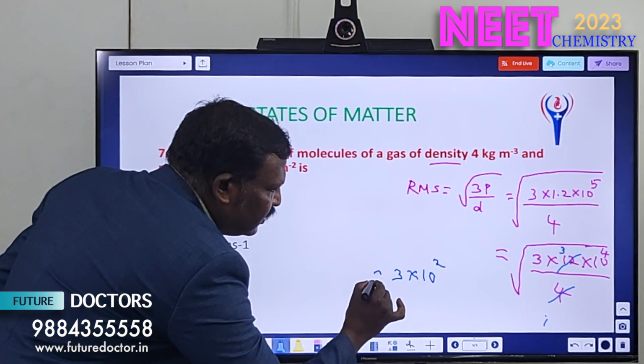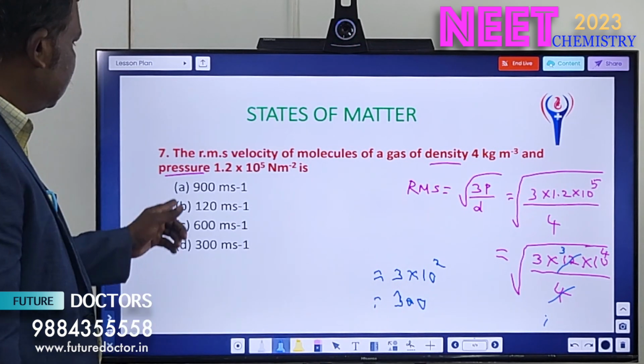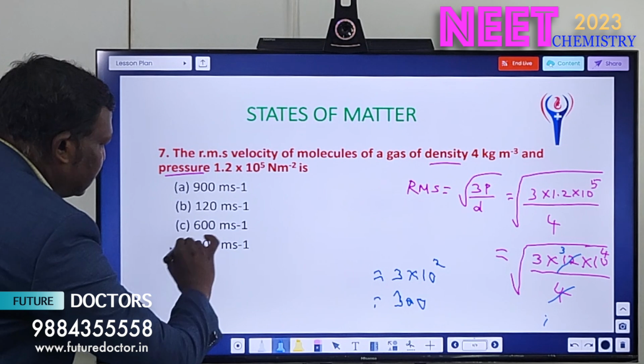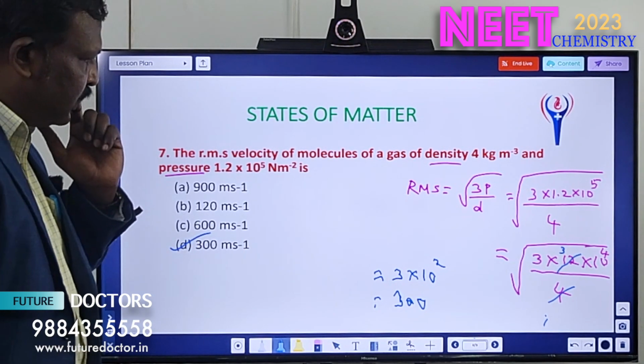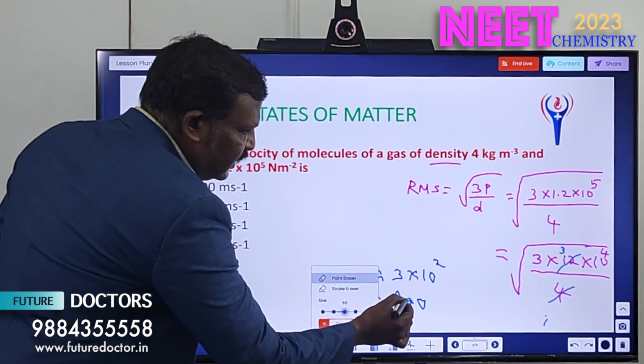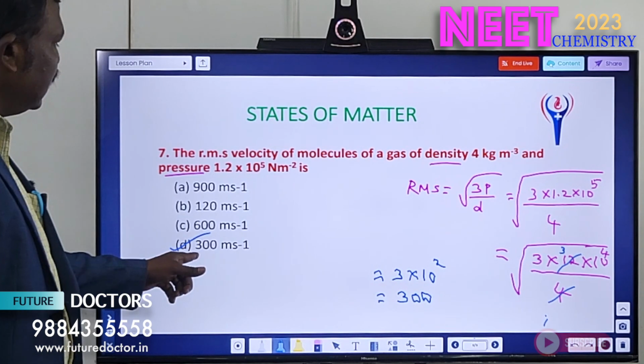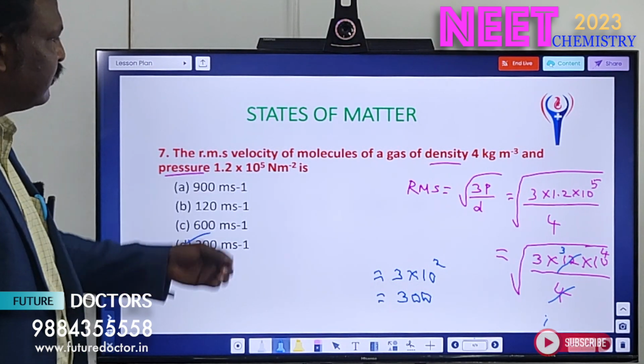So that's the answer: 300. See, among these, D is the correct answer. If you remember the formula, you'll be able to solve the sums very easily. So 300 meter per second is the answer for this sum.